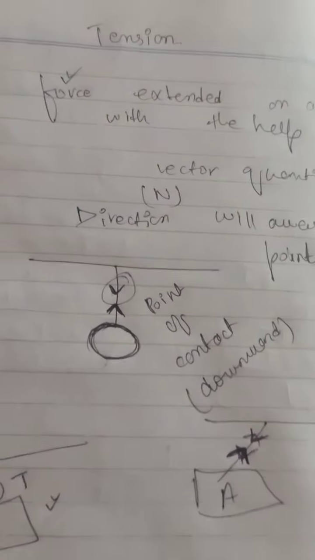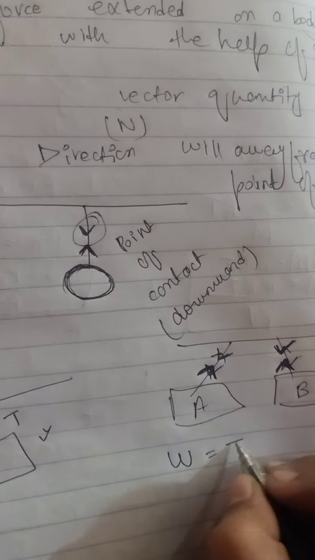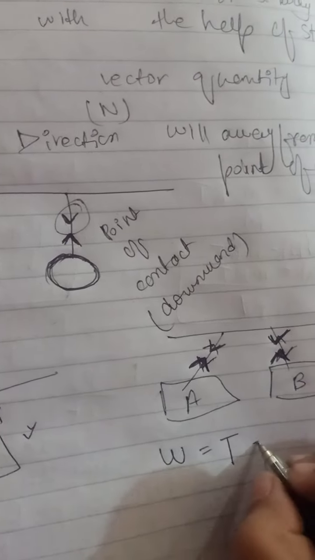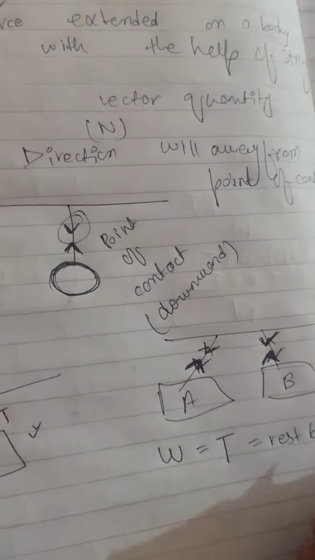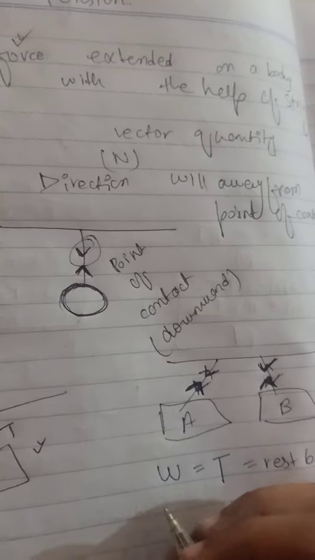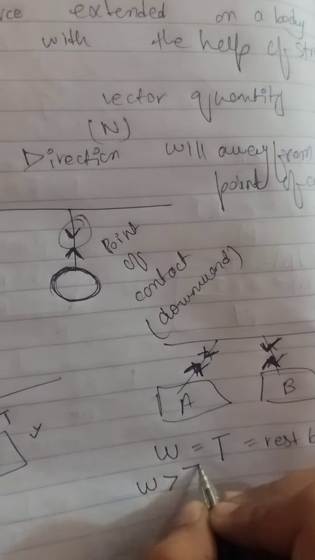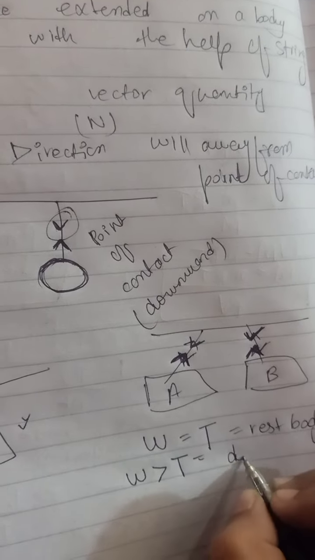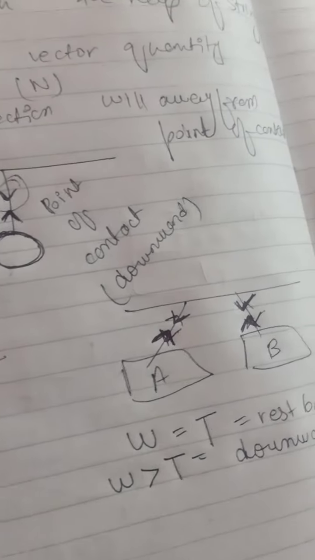If the weight is equal to the tension, then the body is at rest. This is the main thing. And if the weight is less than the tension, the body will move. How?